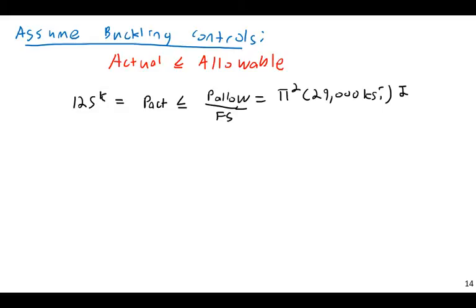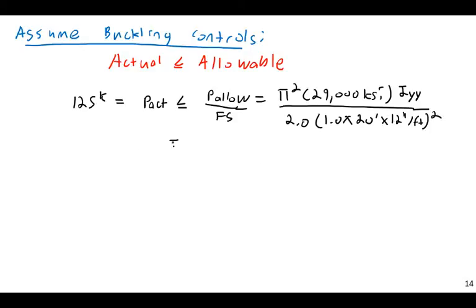I'm going to look at the IY, because this is defined as weak axis bending. Generally, for W sections, in almost all cases, your IY is going to be less than the IX. So I'm going to use the IYY over 2.0 times 1.0 times 20 feet times a conversion of 12 inches per foot, and this, of course, squared.